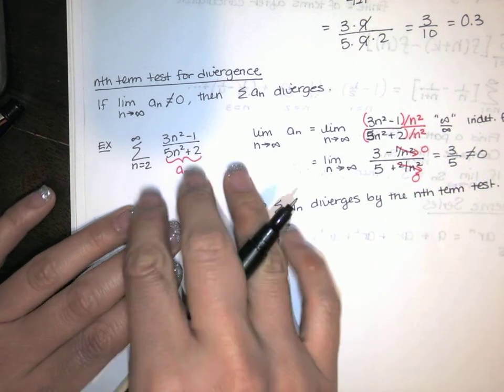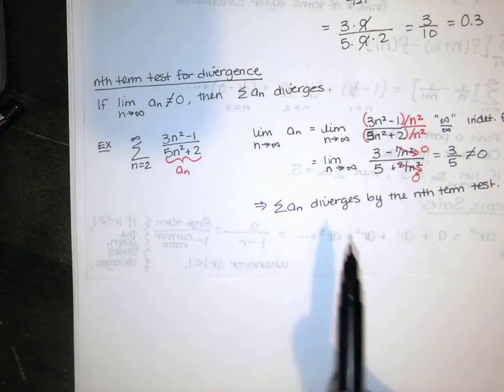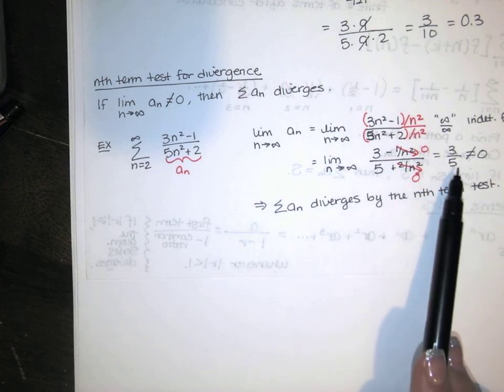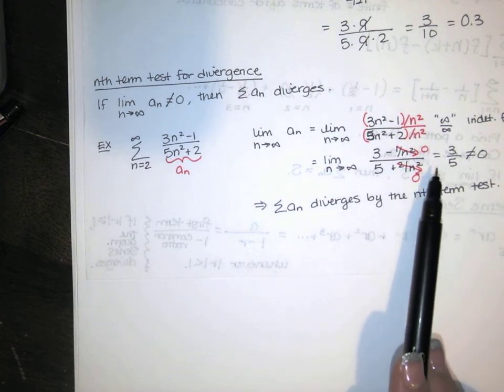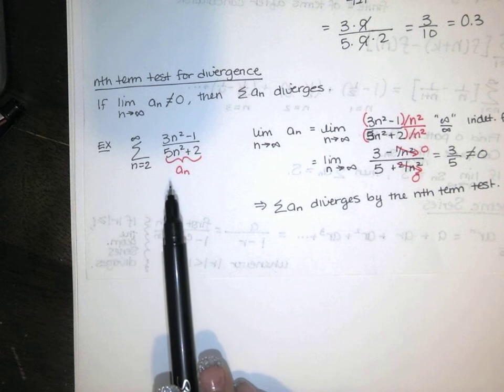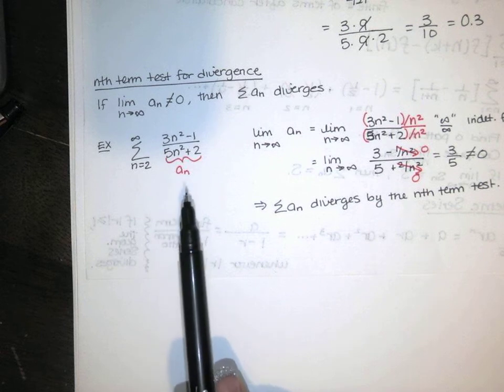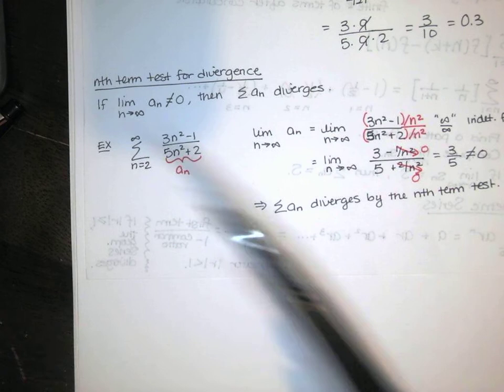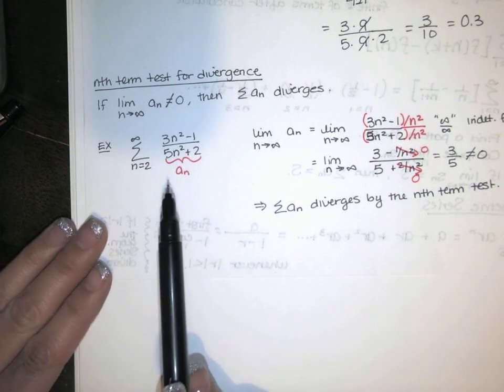And again, the reason why it diverges, we talked about in the video over the nth term test, is eventually I'm adding something that's very close to 3/5, so very close to 0.6, to itself infinitely many times. And even though it's only 0.6, 0.6 plus 0.6 plus 0.6 infinitely many times is going to give me infinity.